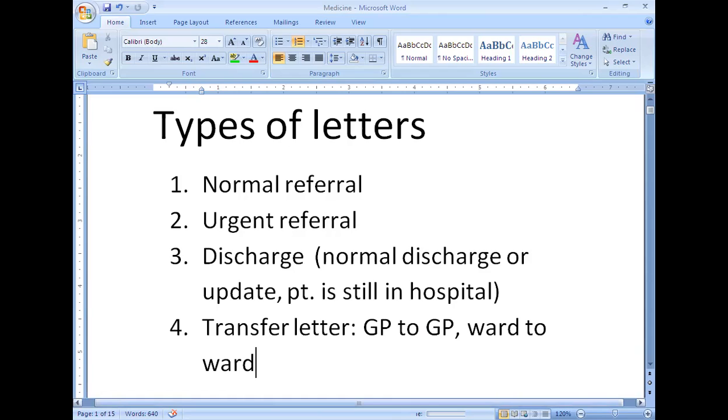Let me take somebody, Miss Roshni. Can you please tell me, when you are writing from one community nurse to another community nurse and the patient is moving for a long time, what do you think is different? This letter is different from other types of letter. The transfer letter, sir.